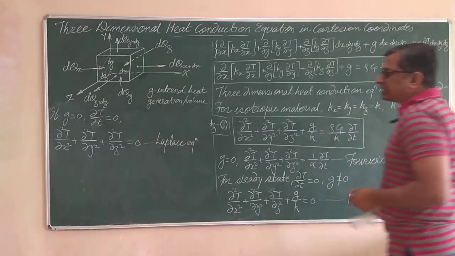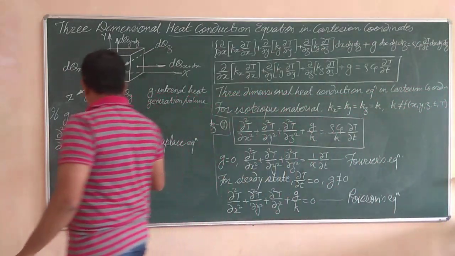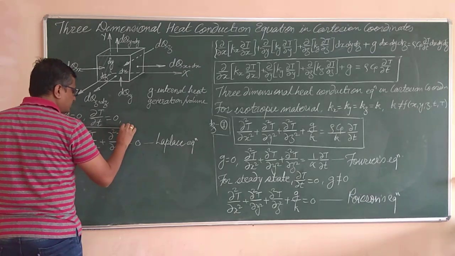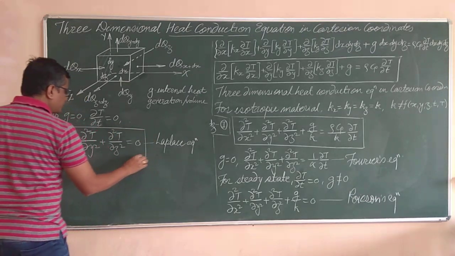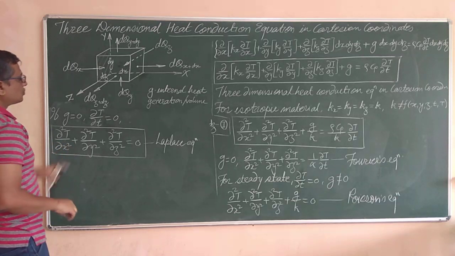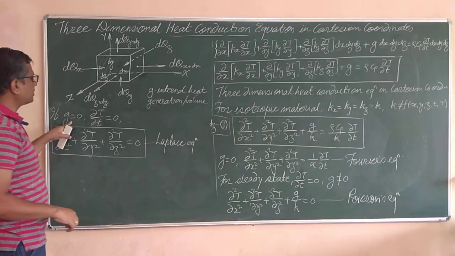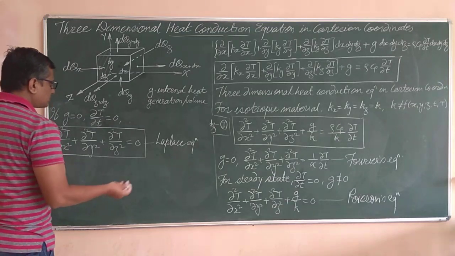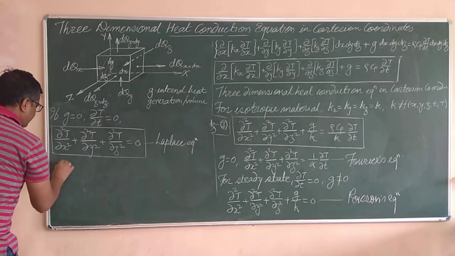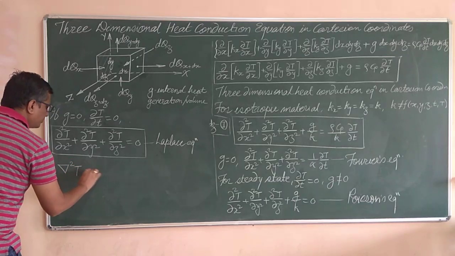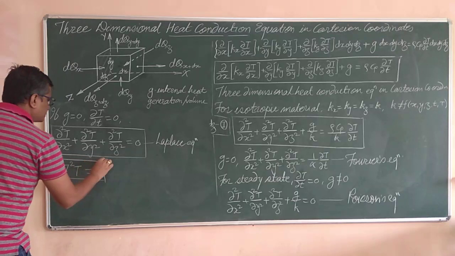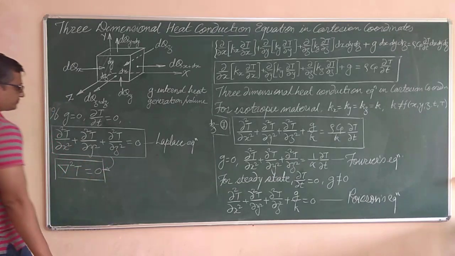Now this is the heat conduction equation in three-dimensional heat flow for steady heat flow with no internal heat generation, and steady state. And this is what the Laplace equation can also be written as. I think you know the meaning of this term. The simplified form of this equation is over here.